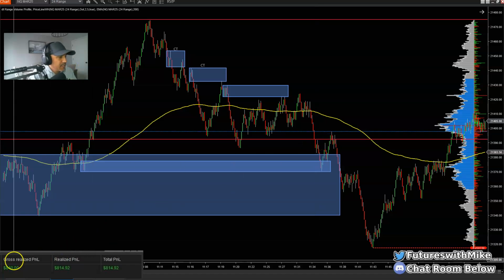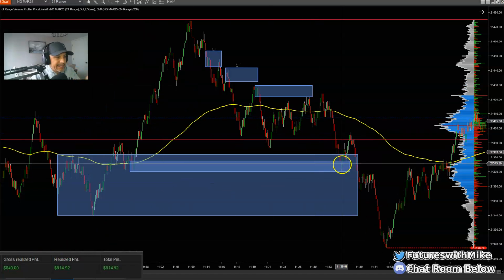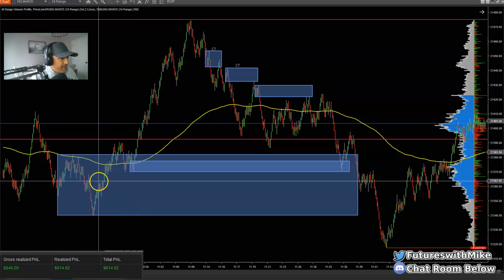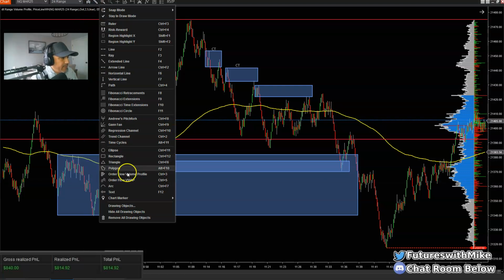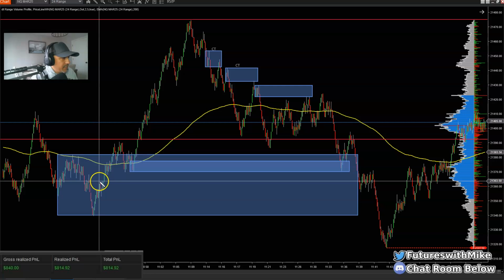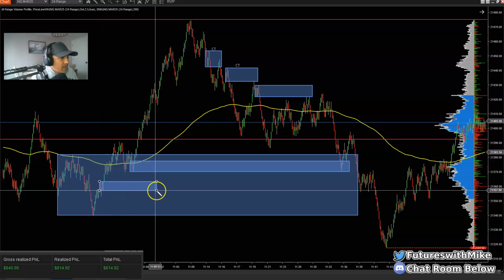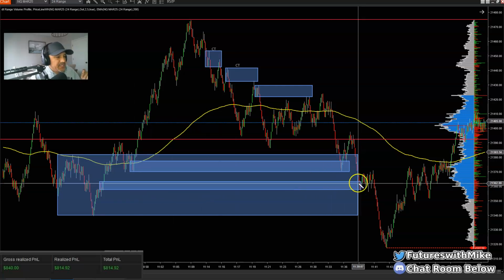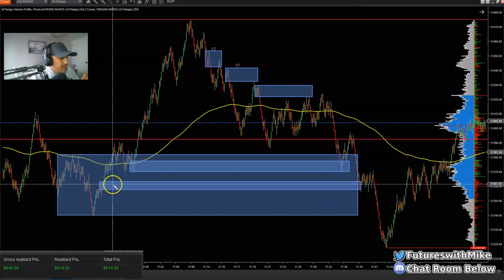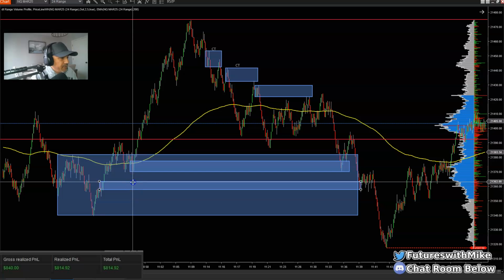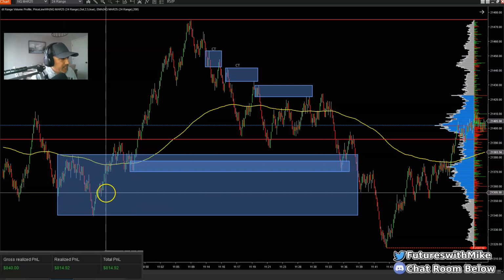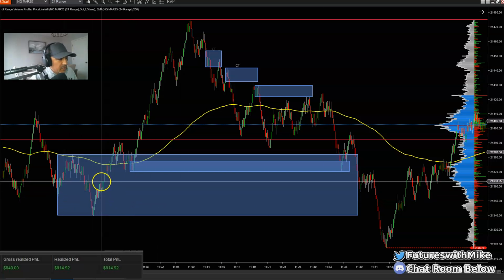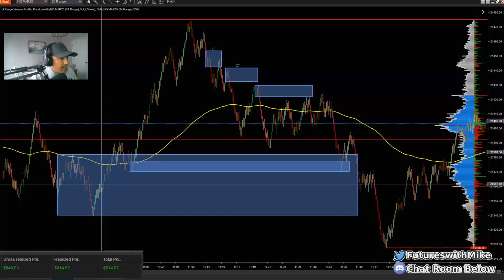Understand that, okay? Now a lot of people will ask, why did I consider this area here versus this area, this little area right here, which is a small area of demand? The reason why I wouldn't consider this, even though it came down and broke right below this little zone, is that if you pay close attention, see the wick, we draw our demand zones from the top end of the bearish candle to the bottom end of it.